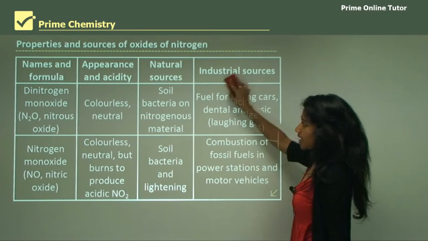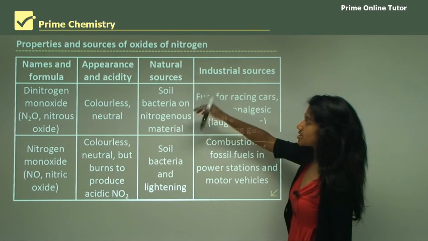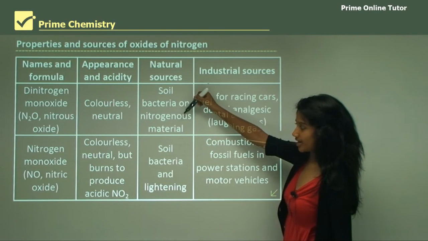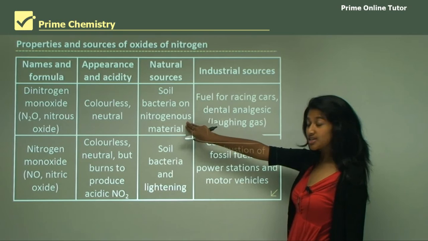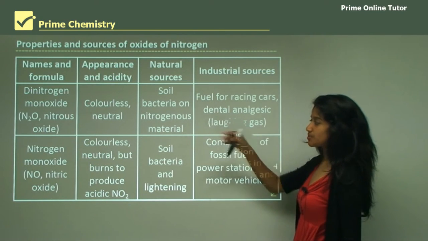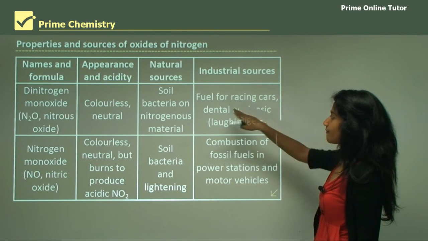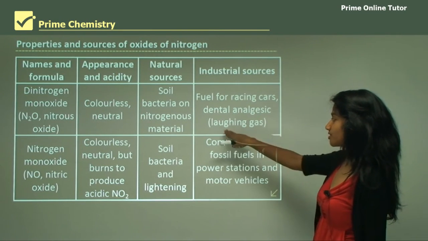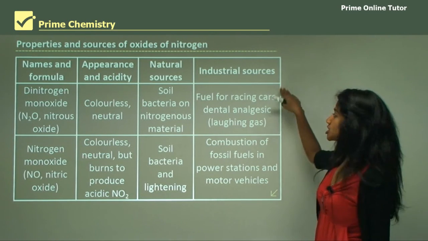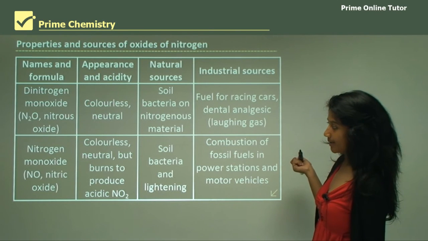So we can see that even though it is neutral, it is produced naturally from bacteria, because nitrogen is part of the protein component, so bacteria do produce nitrogenous material. Now, industrial sources: fuel for racing cars and dental analgesics, because it's a laughing gas. So these are some of the industrial sources of dinitrogen monoxide.